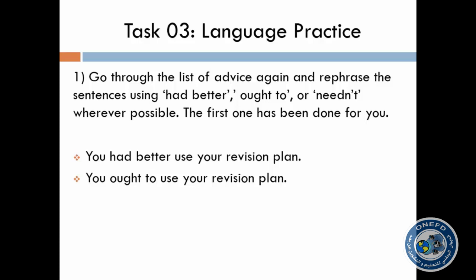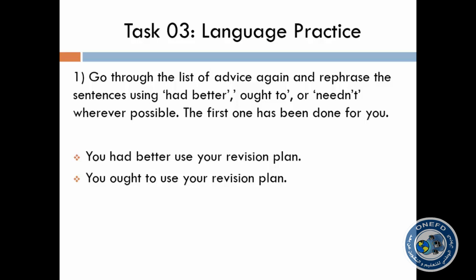I repeat, you go through the list of advice again and you rephrase the sentences using had better, ought to, and need not. The first one has been done for you. You had better use your revision plan. You ought to use your revision plan. So you had better: we have the subject you, had better, and use.